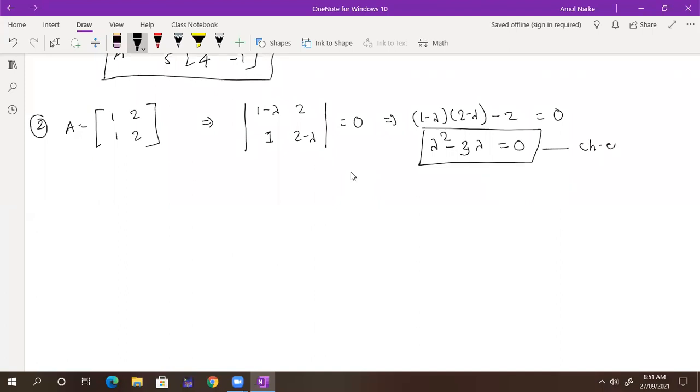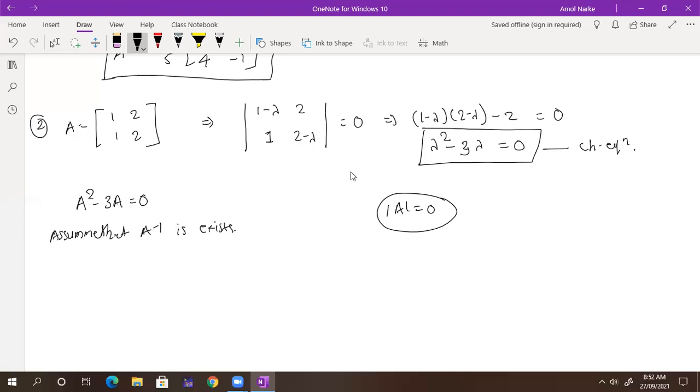So by using the Cayley-Hamilton theorem, what you are getting? A square minus 3A, which is equal to 0. And suppose here determinant of A is equal to 0. So we know the inverse does not exist. But even if I try to find it, I assume that A inverse exists. Then what happens?